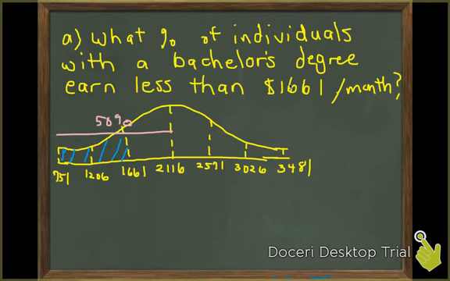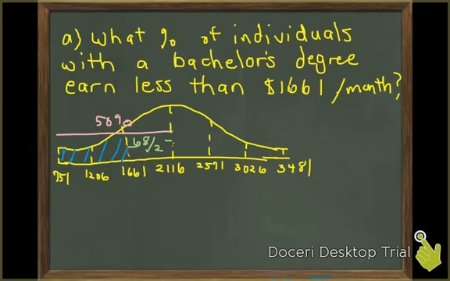I know that because from one standard deviation to the left to one standard deviation to the right, this area right in here, I know that is 68. So that means that the part just left of the mean value, the green part right there, would be 68 divided by 2, from here to here.